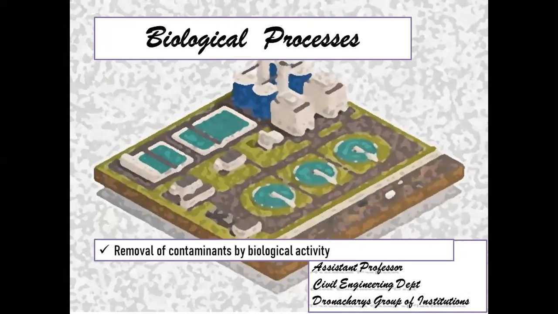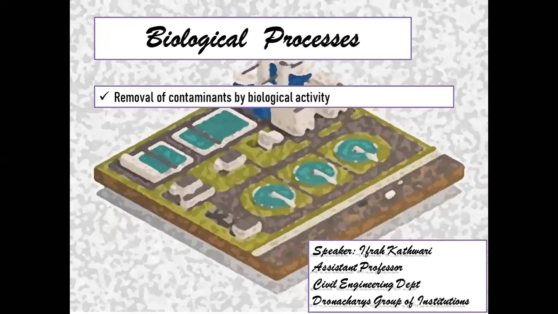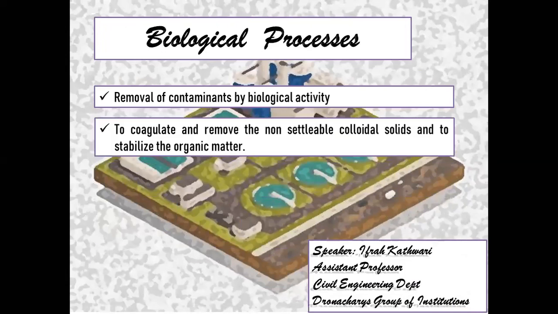Talking about biological process, the first thing is the main objective of biological process is to remove the contaminants, and this can be removed by biological activity. So yes, this is what it is all about. And then with the help of this biological activity, we coagulate the settleable colloidal solids.